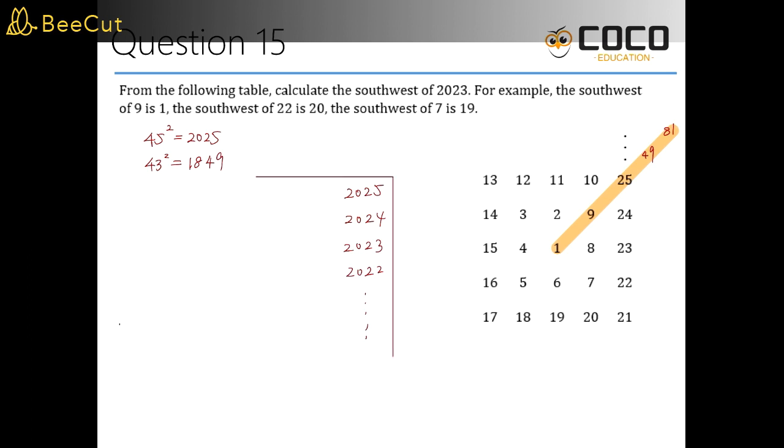This is the one at the corner. Then you check the previous layer. The number is 43 squared, 1849. And below 1849, we have 1848, 1847, 1846. They're asking for the number on the southwest of 2023. So you can see there is 1847.